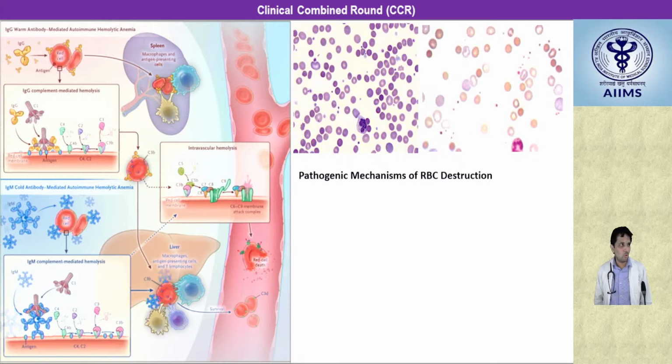The second mechanism is cold antibody mediated, where heavy chain IgM binds to the RBC surface with the help of C3b and forms agglutination and can move to the liver, where it is phagocytosed. Sometimes it doesn't go to a peripheral organ like the spleen and liver, and hemolysis occurs in the blood itself due to activation of the complement pathway and membrane attack complex formation.